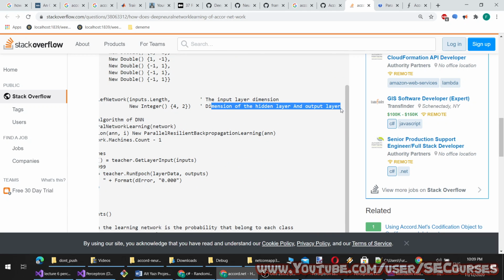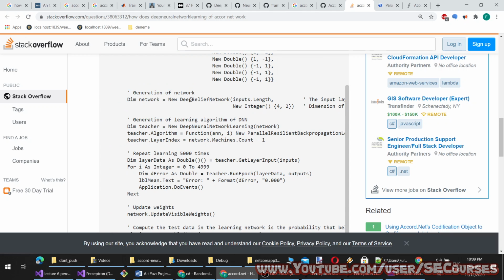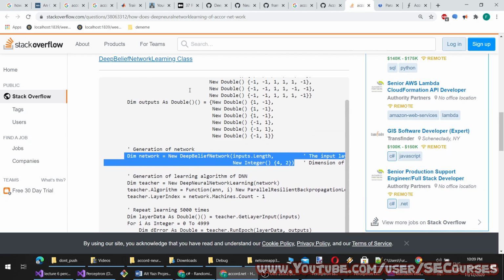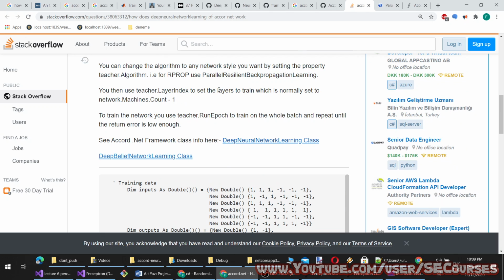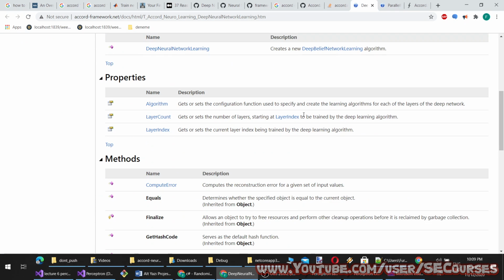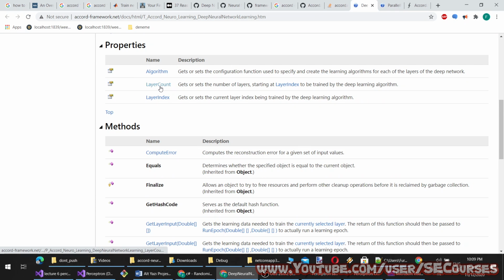Dimension of the hidden layer and output layer. There is deep belief network. Algorithm where counts.